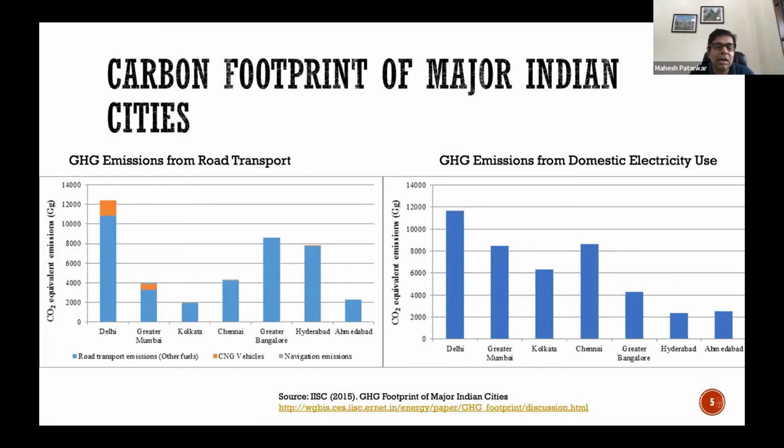You would see in the urban cities that road transportation related CO2 equivalent greenhouse gas emissions vary between different cities. I would like to point out here that Kolkata, Mumbai and Ahmedabad are a little lower in this analysis.